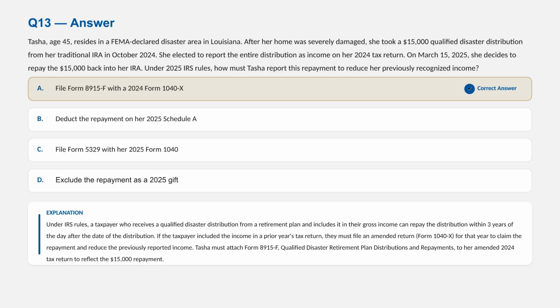If the taxpayer included the income in a prior year's tax return, they must file an amended return, Form 1040X, for that year to claim the repayment and reduce the previously reported income. Tasha must attach Form 8915F, Qualified Disaster Retirement Plan Distributions and Repayments, to her amended 2024 tax return to reflect the $15,000 repayment. Great. Now let's move to our next question.